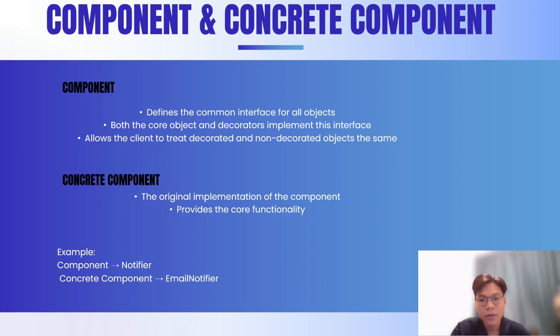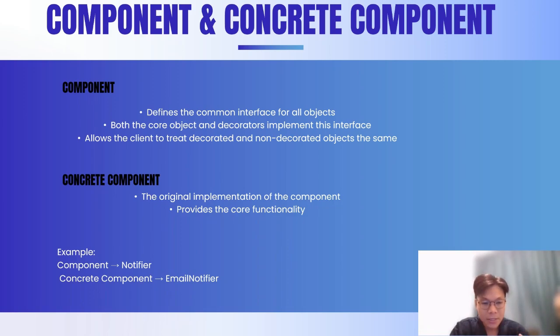Now let's start with the component. The component is usually defined as an interface that declares the common methods used by both the core object and the decorators. For example, in a notification system, the component could be the notifier interface with a method called send.